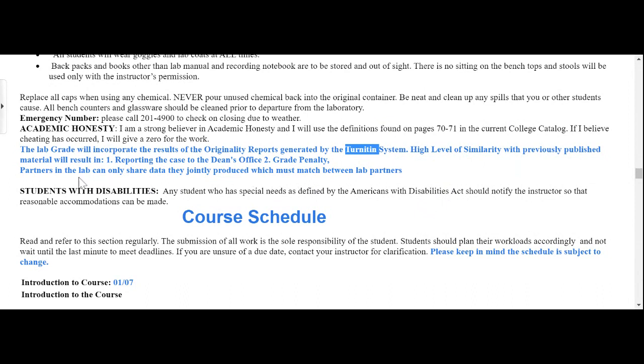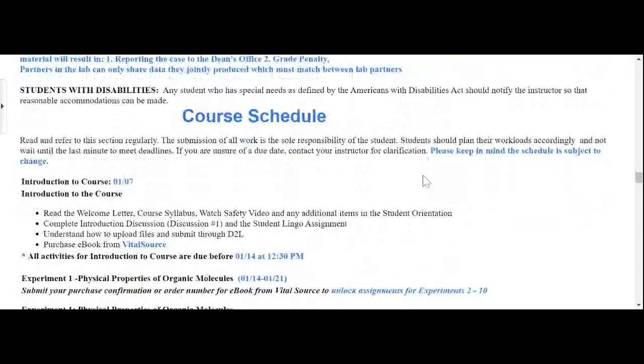Even if you were working with a lab partner, the only thing that could be the same is the data. Everything else must be different. So lab reports are an individual assignment, not group work. Thank you for the question.